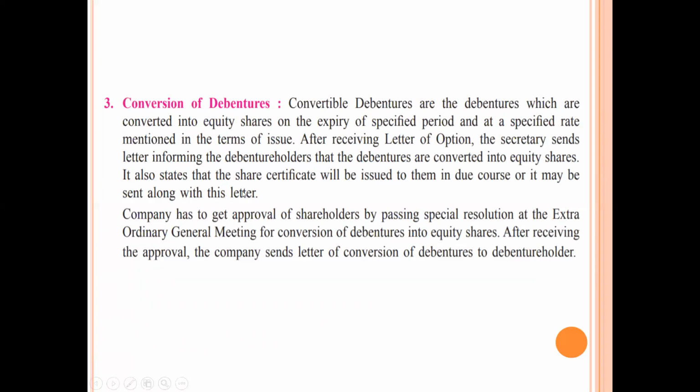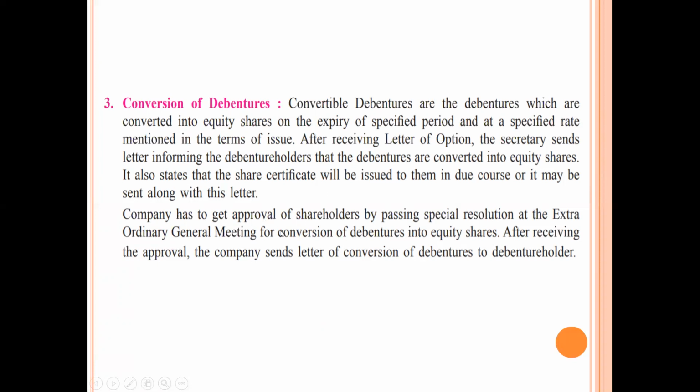It also states that the share certificate will be issued to them in due course, or it may be sent along with this particular letter. As the debentures are getting converted into equity shares, the company will also have to issue the share certificate to the members.